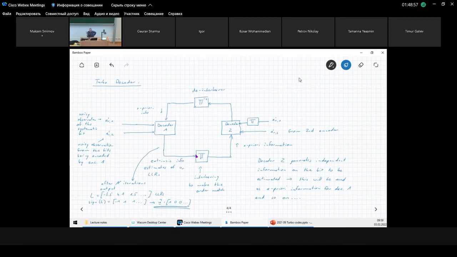So again, it's important for you to get the main point, understand why we have these 2 encoders, why we have the interleaver. Main purpose is to generate independent information. Only in this way we can improve the estimate here.